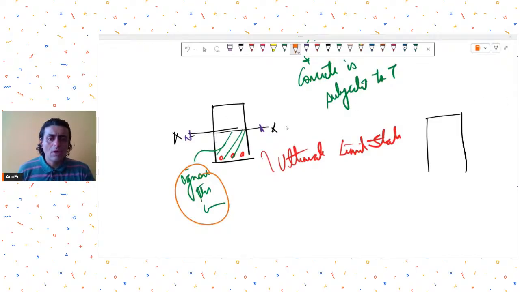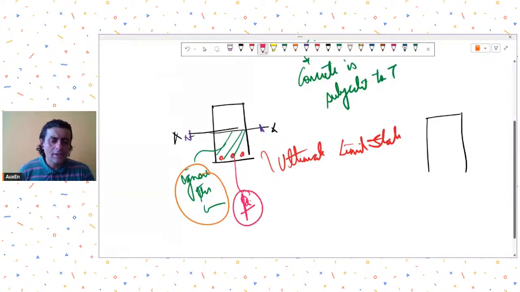Although the concrete in tension cracks at, let's say, if I were to write down, concrete in tension cracks at the rupture strength. What is the rupture strength as per IS code? 0.7 under root fck. Am I right? I'm unable to recall. Is it 0.7 under root fck, rupture strength as per Indian code?